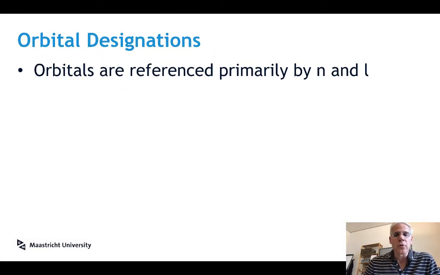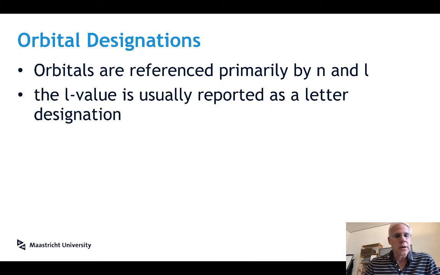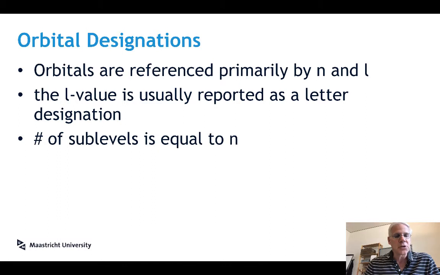So we mentioned earlier that our L values are usually named as letters, so s, p, d, and f. And when we're referring to orbitals, we reference them primarily by just the N and the L values. So the L value, again, is given a letter designation.